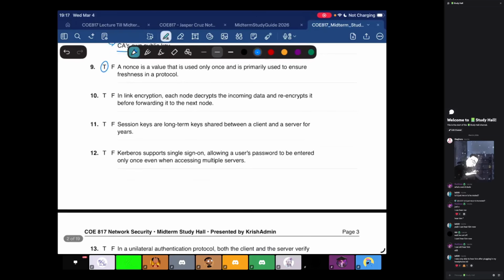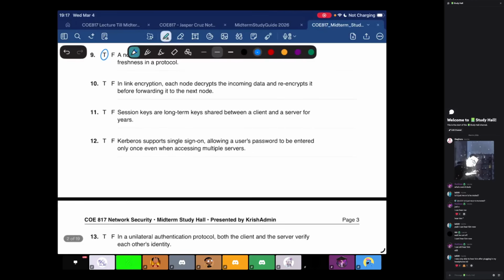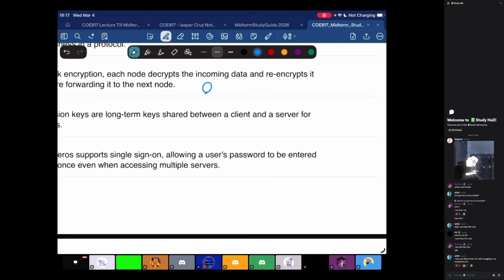Question 10. In link encryption, each node decrypts the incoming data and re-encrypts it before forwarding to the next node. So this question is true. You can think of it in a way, you have multiple hops to get to your destination. Let's say this is you.